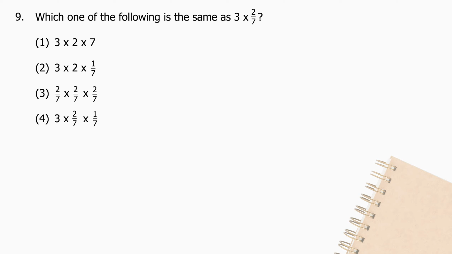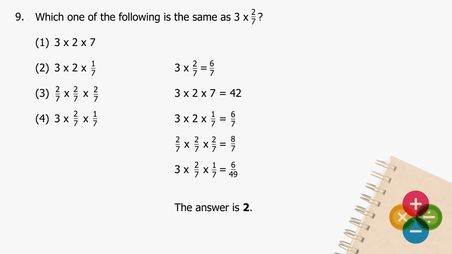Question 9. Which one of the following is the same as multiply 3 by 2/7? Multiply 3 by 2/7, and the product is 6/7. Multiply 3 by 2 and by 7, and the product is 42.